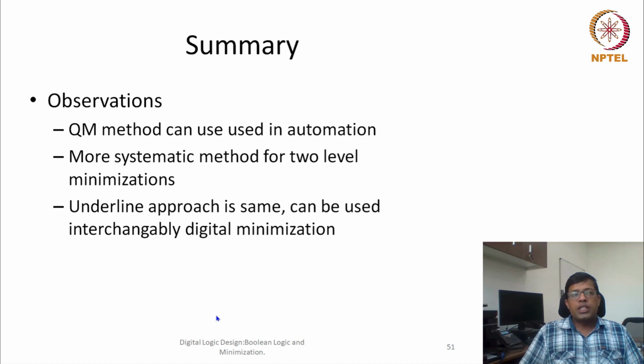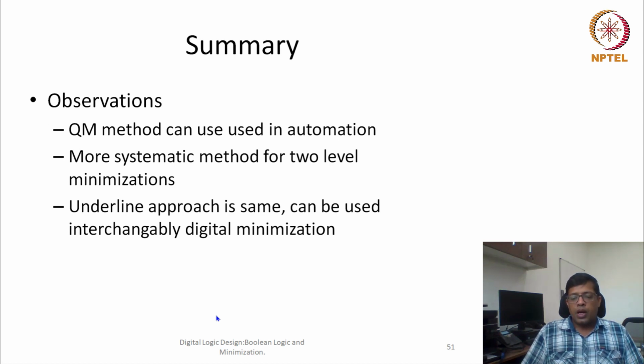So with respect to K-map, we can see that it is a more systematic approach. Another bigger advantage of the QM method is that we can write algorithms for it. We can write C++ code, or code in a high level language, so that we can minimize whatever given number of min terms there are.